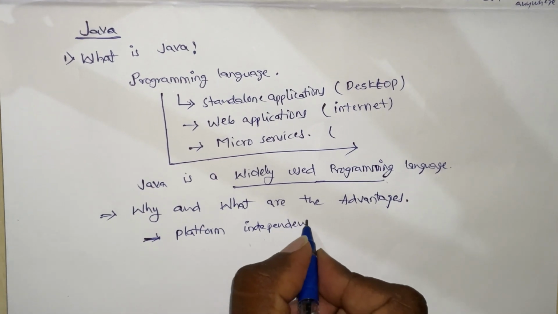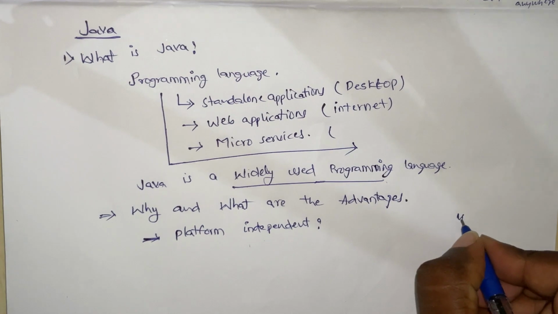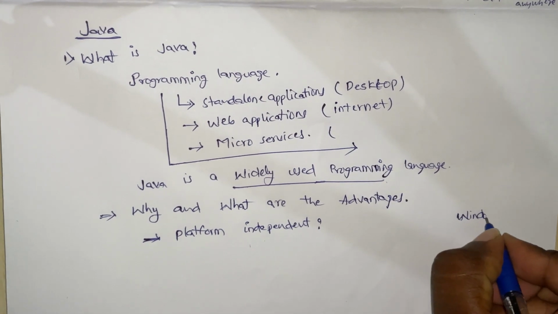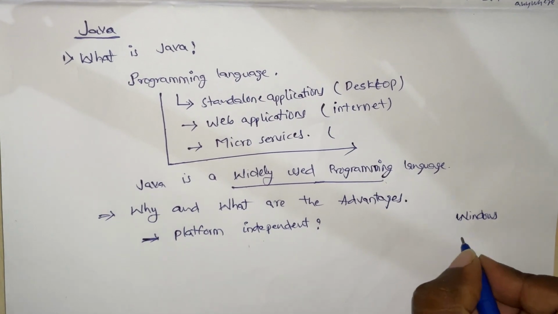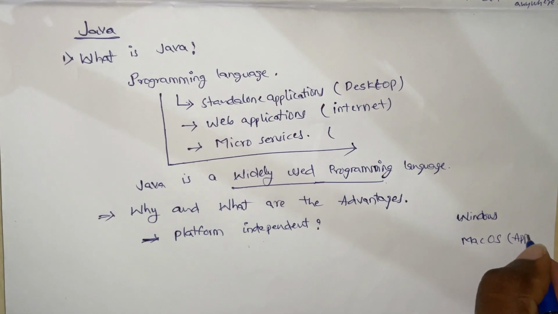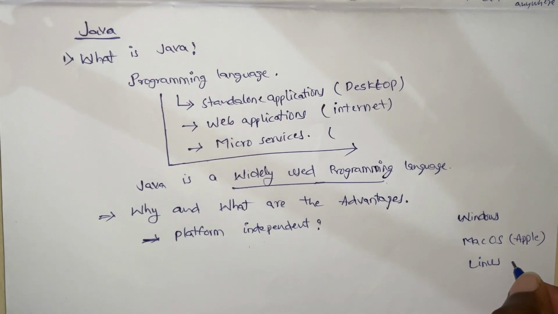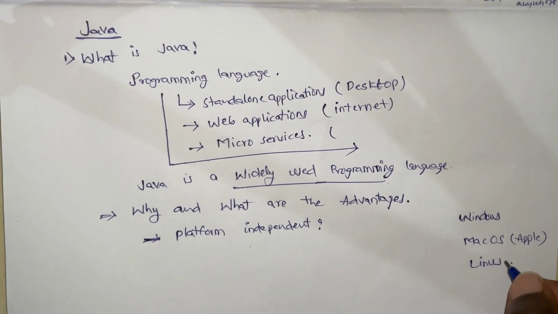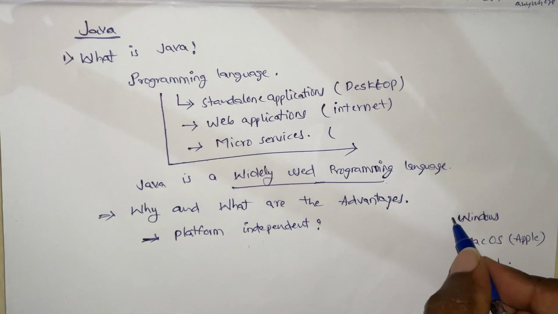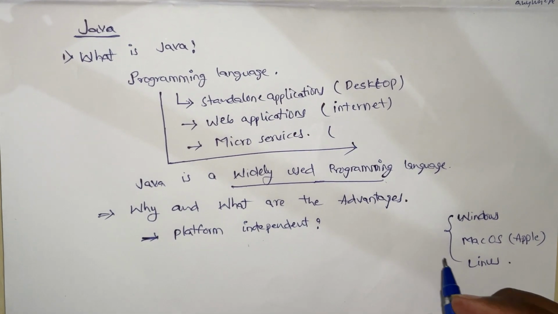Now, what do you mean by platform independent? So we have Windows machines as well as Mac OS, that is like Apple, and Linux. So through commands we can run anything. Let's consider these are the 3 different operating systems we have.